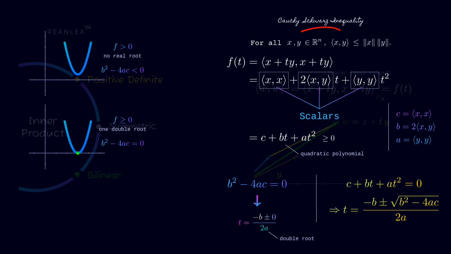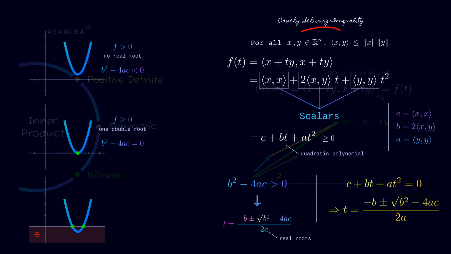Lastly, if we consider b squared minus 4ac to be greater than 0, then t has two different real values. That is, f has two different real roots. On top of that, those two real roots are conjugate to each other.